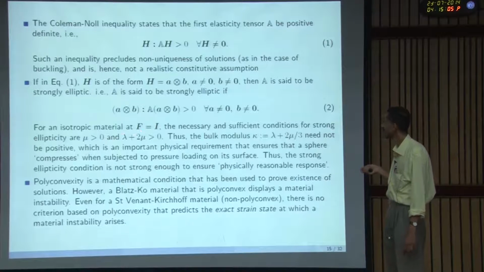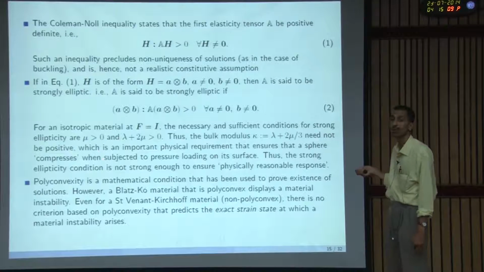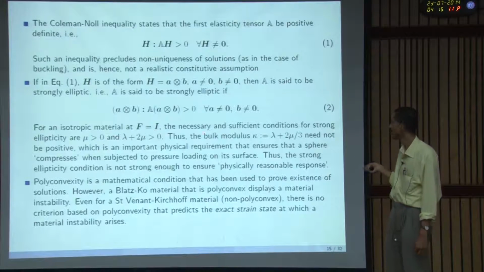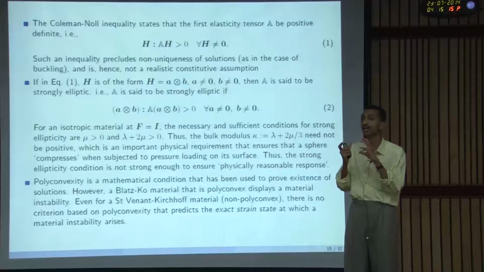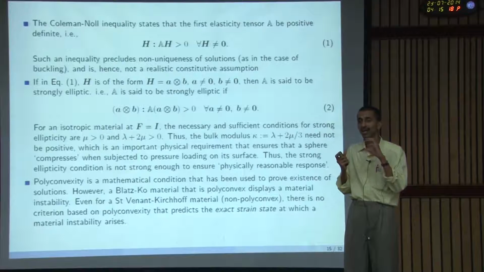But if I impose that lambda plus 2 mu is greater than 0, then the bulk modulus need not be positive. In some sense, you want the bulk modulus to be positive because if you are compressing a sphere, for example, then the stresses should all come out compressive.